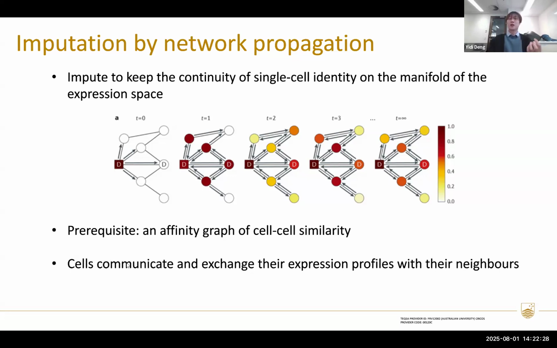The way we do the imputation is that we let the cells communicate and exchange their expression with their neighbors on this graph. This is done step by step, where in each step, the single cell expression is updated after its communication with the other cells. So it can be done in multiple steps.